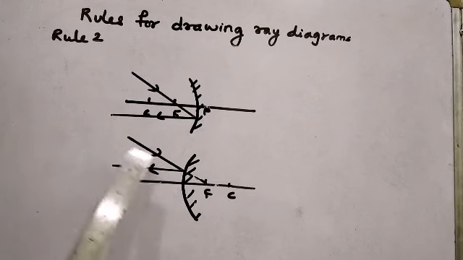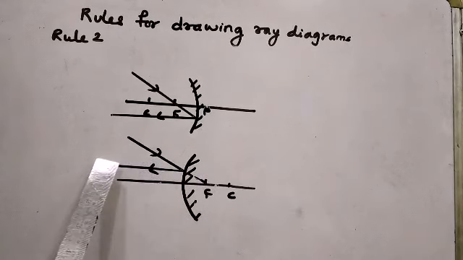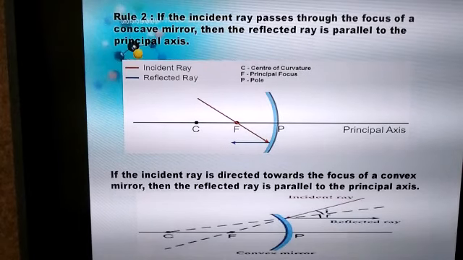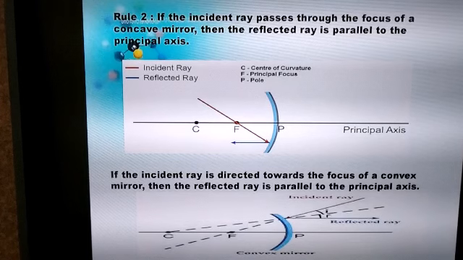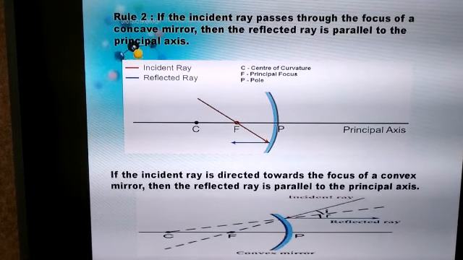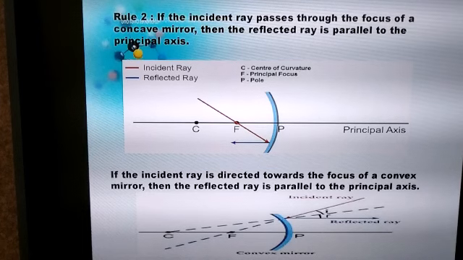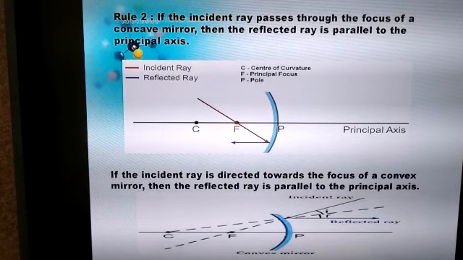Rule 2 for a convex mirror: if the incident ray is directed towards the focus of a convex mirror, then the reflected ray is parallel to the principal axis.